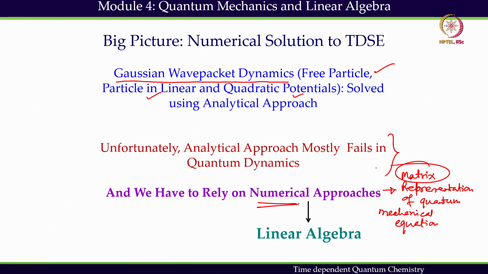That is why we need to represent quantum mechanical equations in the matrix form, and these numerical methodologies are developed based on the realization that the mathematical language of quantum mechanics is actually linear algebra. Mathematical language of quantum mechanics.